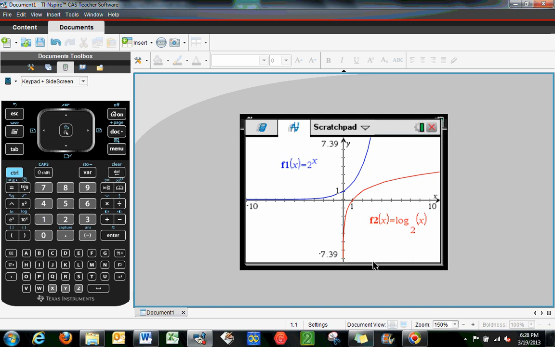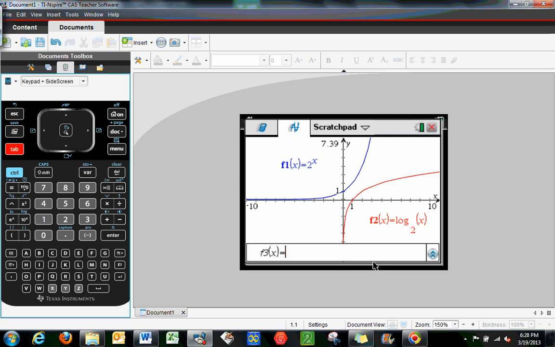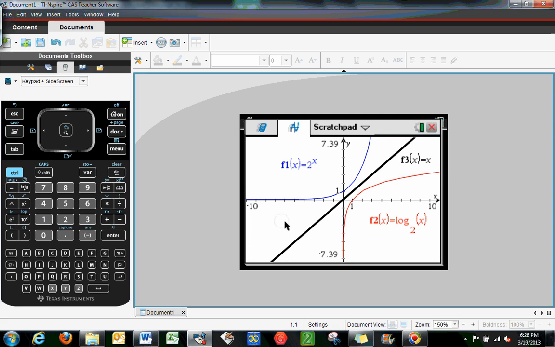That is the reflection line for inverses, and I can graph that very quickly. And you can see that particular reflection, one graph reflecting over the other across that line, and you can see that the exponential function and the log function are actually inverses of each other.